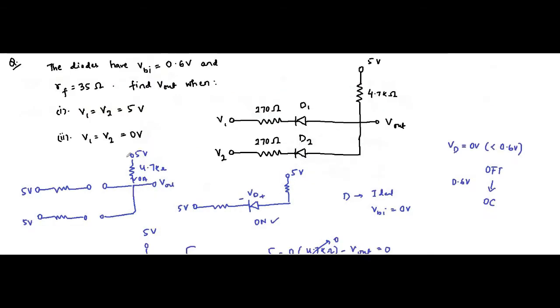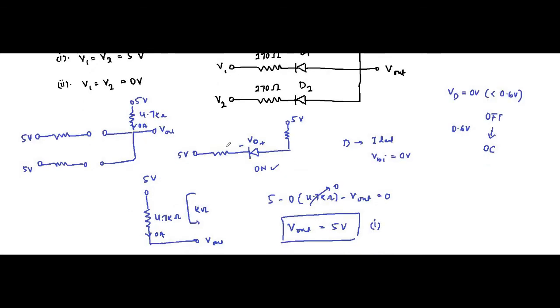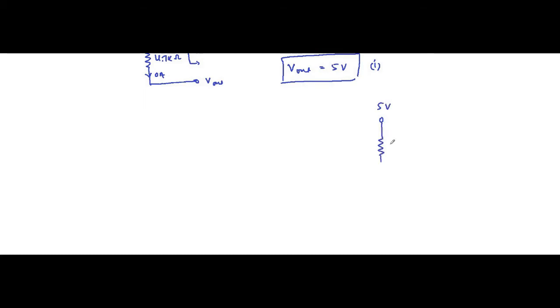Okay. Now the second case, where V1 and V2 are connected to 0 volt. We can redraw the circuit as something like this. Again, this is 5 volt, 4.7 kilo ohm.